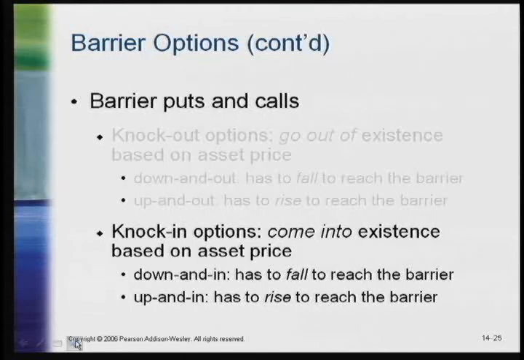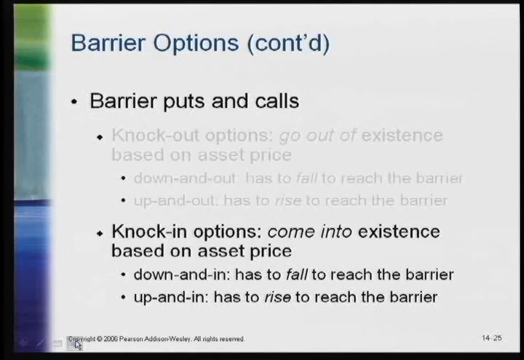We also have knock-in options where, rather than the occurrence of hitting the barrier canceling the option, the stock price hitting the barrier turns the option on, like a switch. So one can think of the barrier as creating a switch in the option. In a knockout option, hitting the barrier turns the switch off, the option is expired.